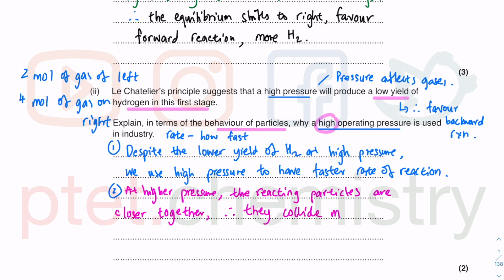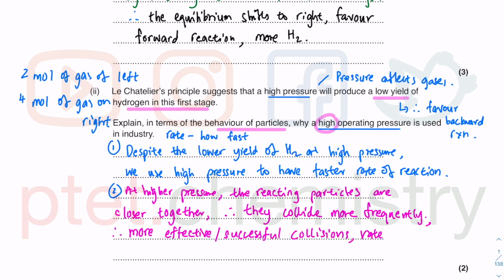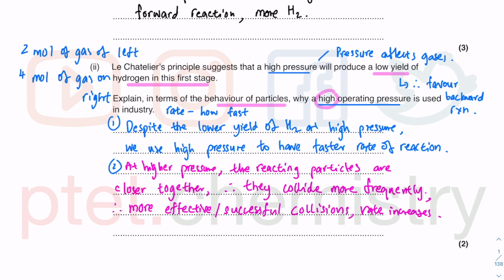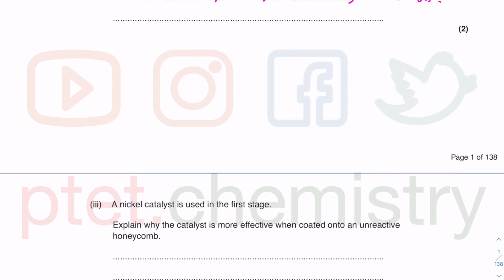As they collide more frequently, what can we comment about the successful collisions? Therefore, more effective or more successful collisions. That means there are more particles that can overcome the activation energy. Therefore, rate increases. And that was the reason why we use the higher pressure despite the lower yield of hydrogen. The equilibrium yield is getting lower there.